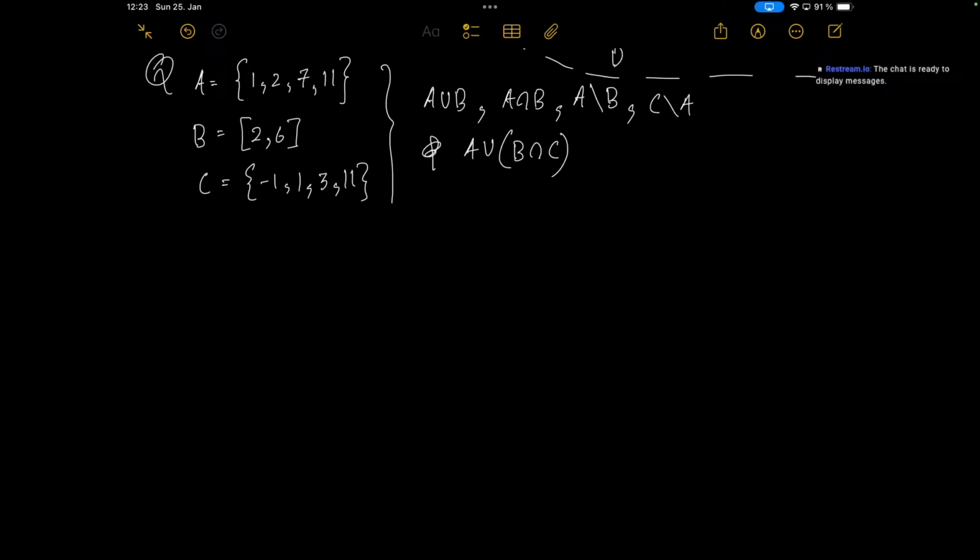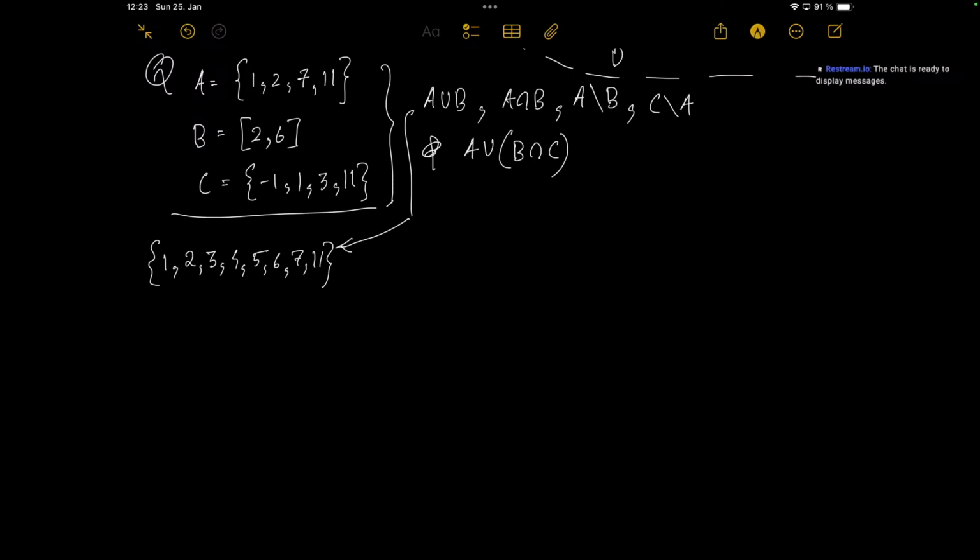A union B. Okay, so it's going to be 1, 2, 3, 4, 5, 6, 7, 11.